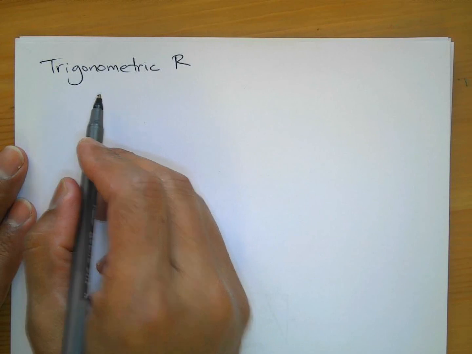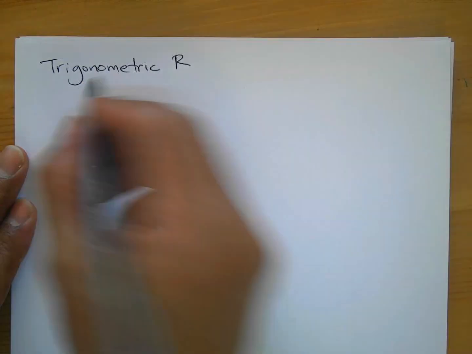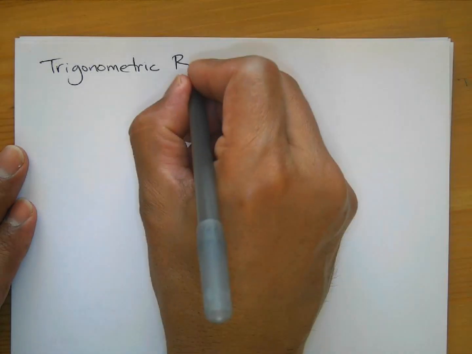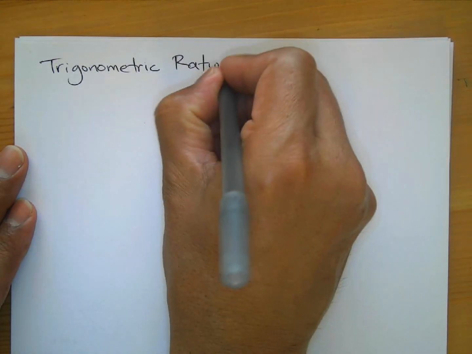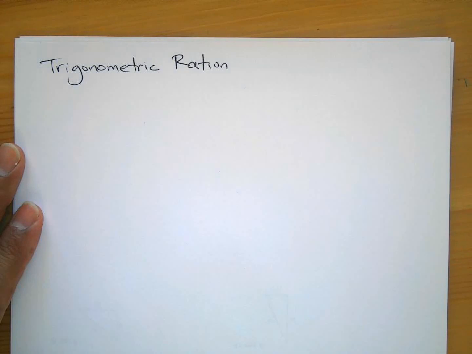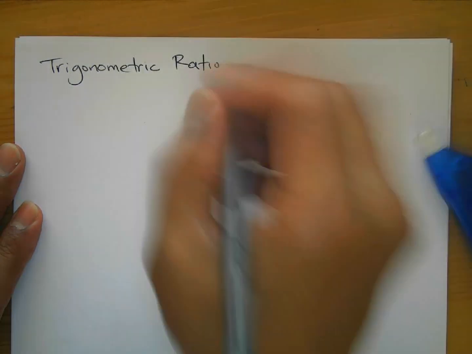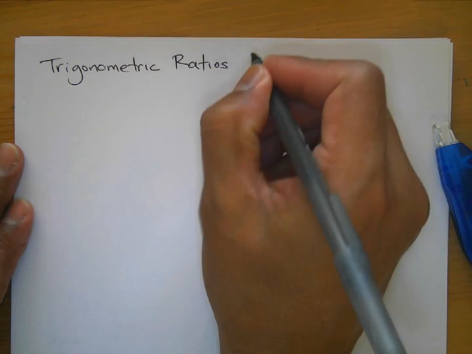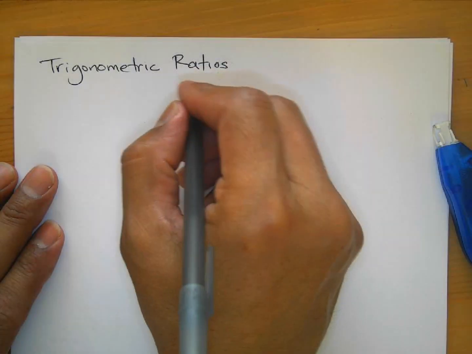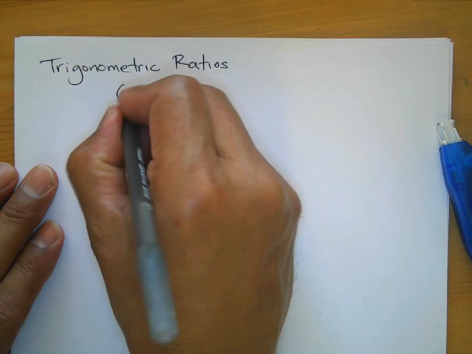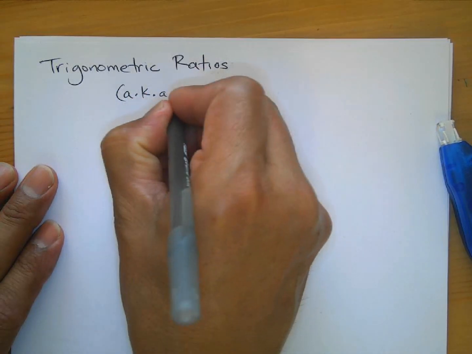So these trigonometric ratios, or we just say trig ratios, right? Again, short for trigonometric is trig, or trigonometry. Ratios. Now, sometimes they also refer to them as, they're also known as, AKA, right?